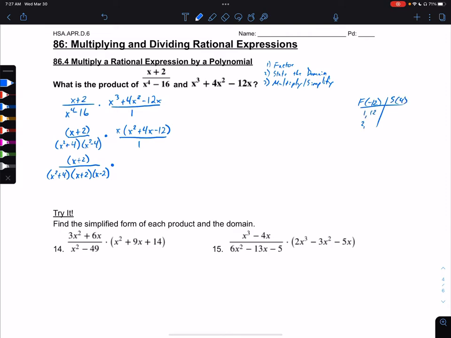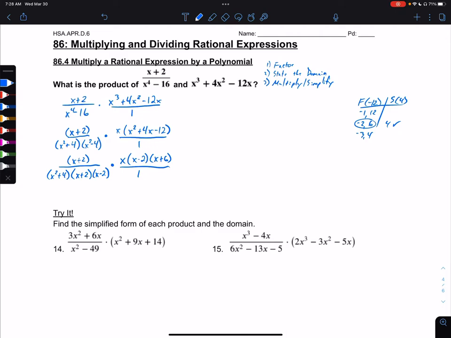Options are 1 and 12, 2 and 6, 3 and 4. Something here has to be negative. Negative 2 and 6 do give me a sum of 4. So this can be factored into negative 2 and 6. So my numerator, do not forget about that x. We're going to bring the x down, and that'll be multiplied by x minus 2 times x plus 6. Again, just leave that over 1.